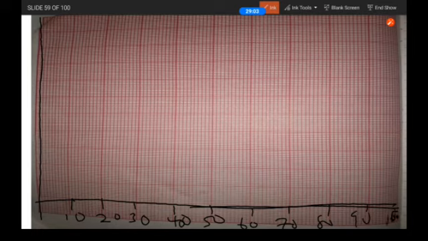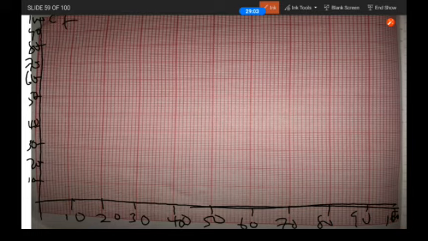Good. So this one we have 10, 20, 30, 40, 50, 60, 70, 80, 90, 100. So this place is CF, mind you, and this is the mark.